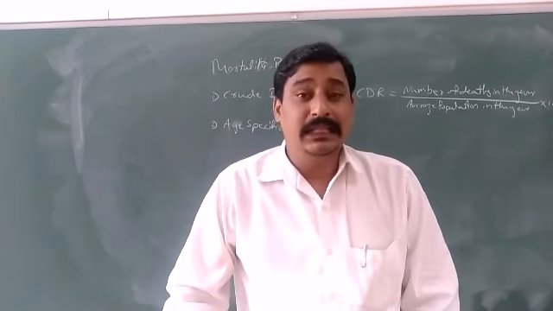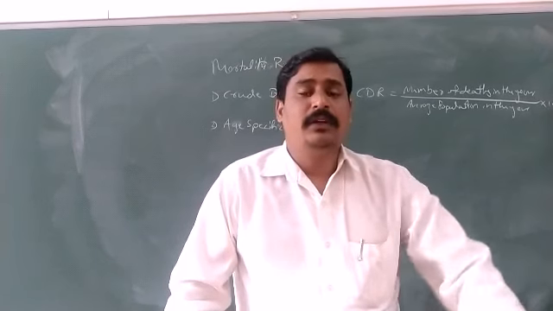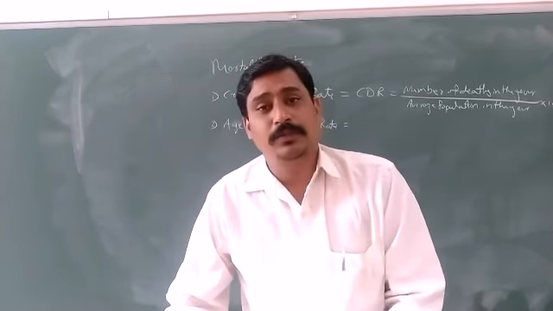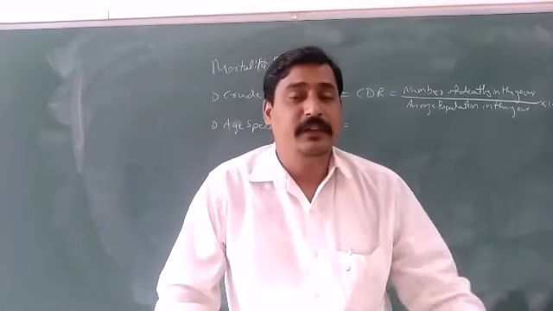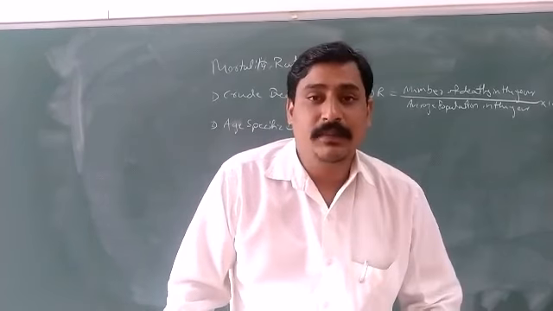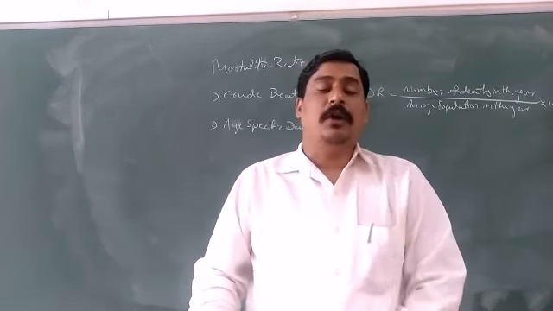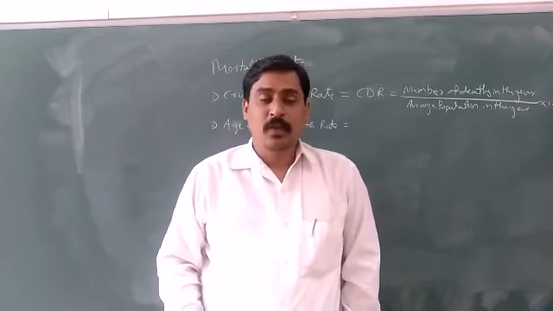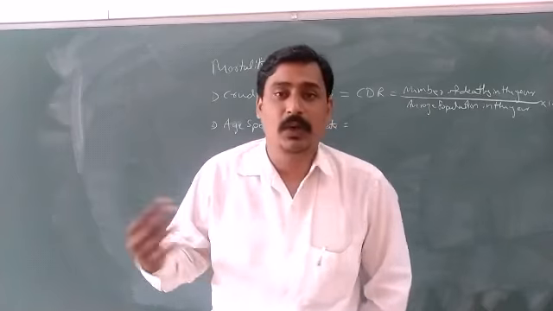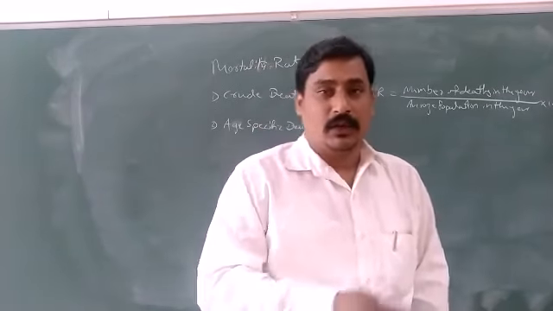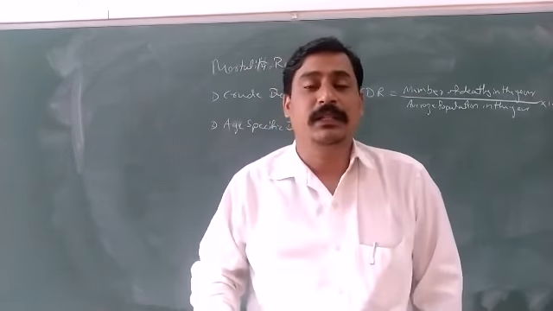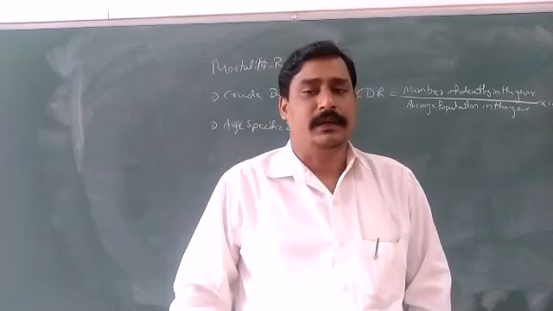Here we study death pattern according to age: in which age or age group how many persons are dying in different locations, or for the same location for different age groups. Whether deaths are more in old age, working age or child age, in which age group deaths are more, all that we can study here.